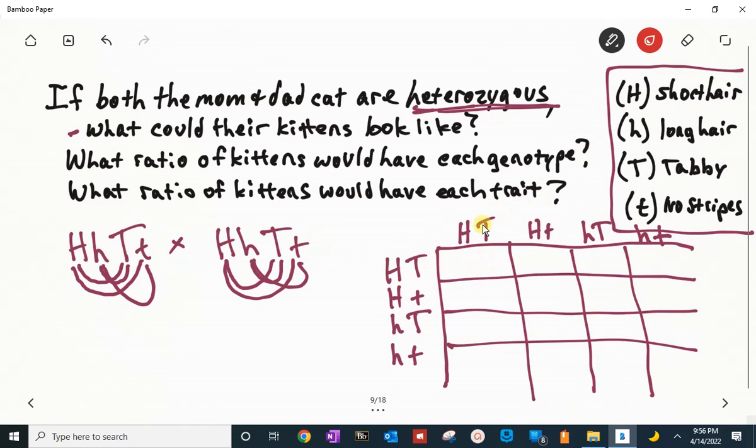So now let's go down and find out what all combinations are possible for their kittens.